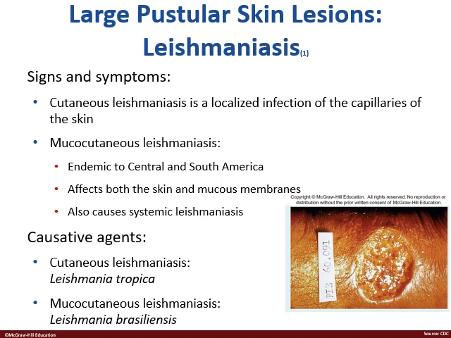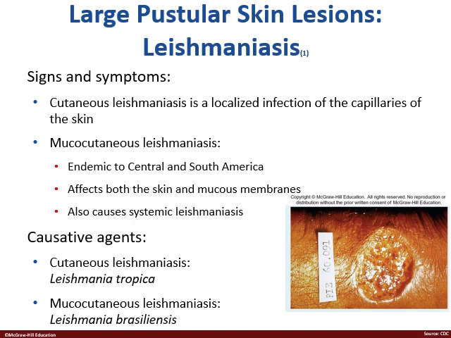Cutaneous Leishmaniasis, I do believe, is going to be more Middle Eastern and African, caused by Leishmania tropica. So Middle Eastern, African, out the tropics area. So a nice big swath there.